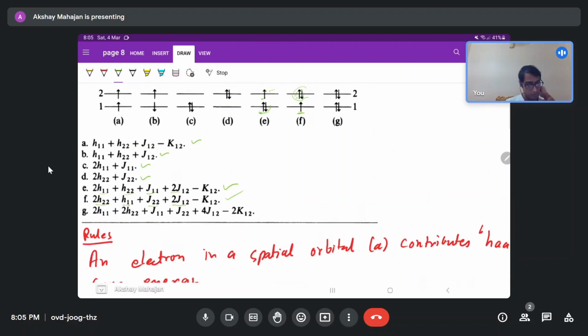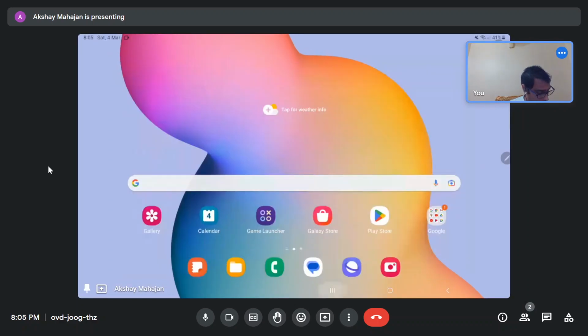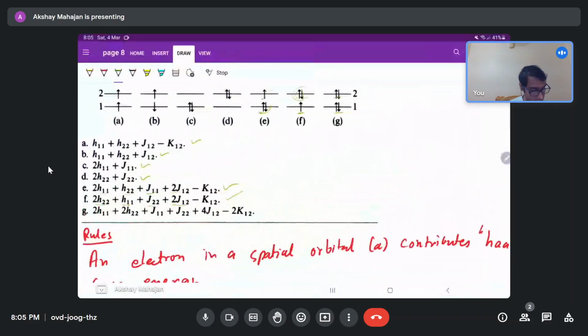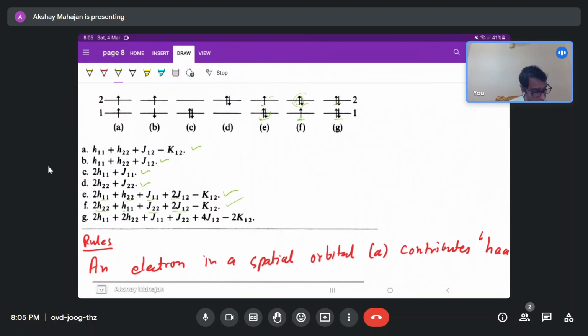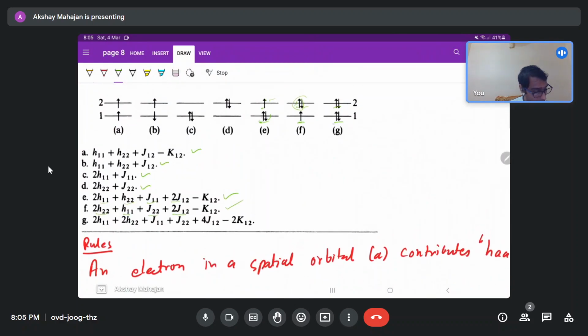And last, the G part. Again from these 2 electrons we get 2 H11, and then we get 2 H22, from the single electron core energies. Then we get 1 J11 from here and 1 J22 from here.